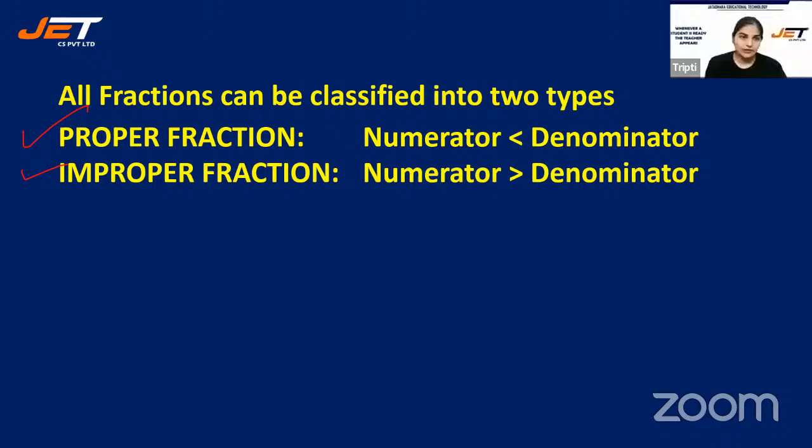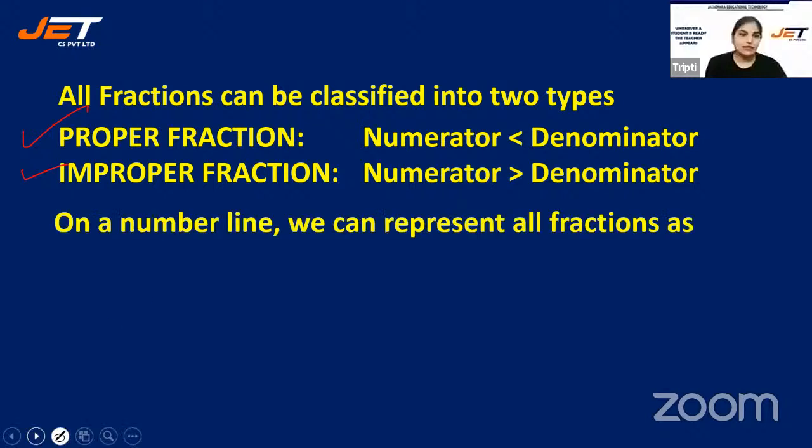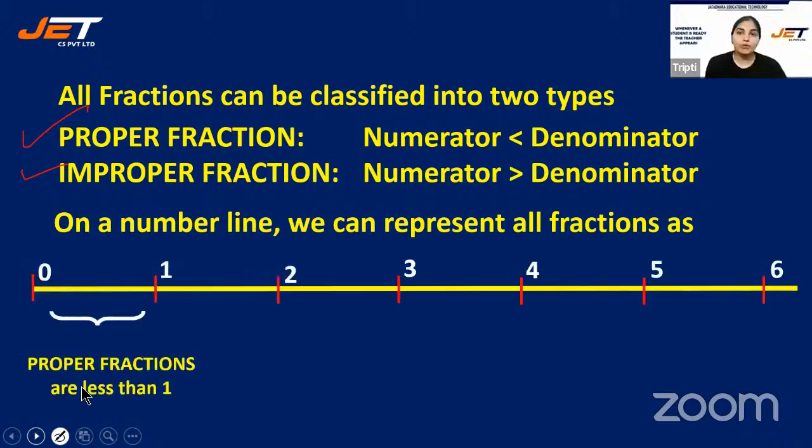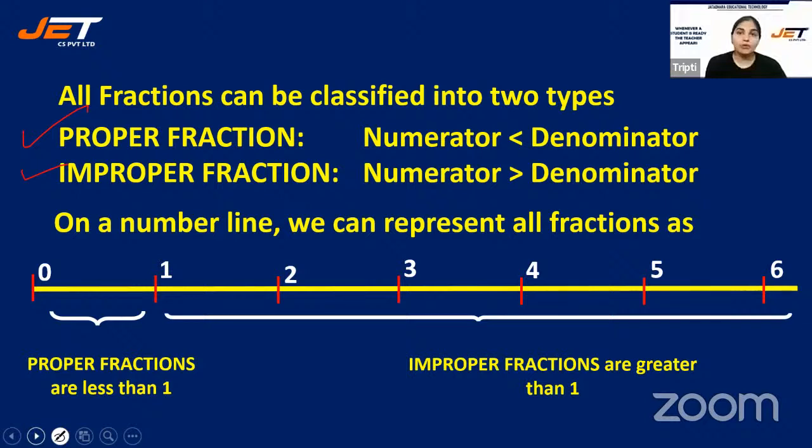On a number line, we represent all fractions. Proper fractions are always less than 1 and improper fractions are greater than 1. That's what I told you. The value of proper fractions will always be less than 1, and the value of improper fractions is always more than 1. Just like we saw that picture, 4 parts plus 1 part is 5 parts out of 4 parts, right? So those fractions are called improper fractions, right?